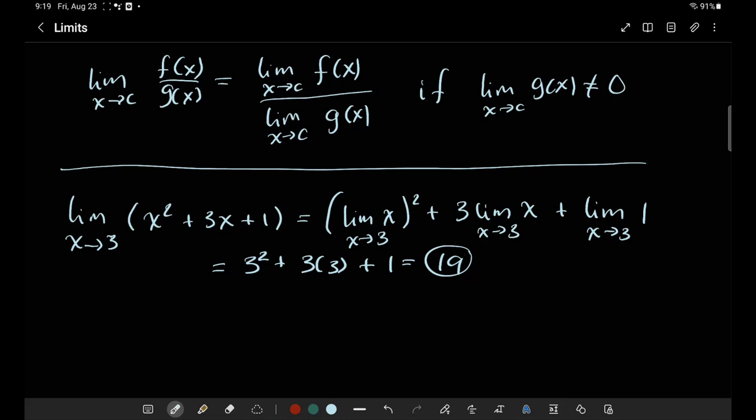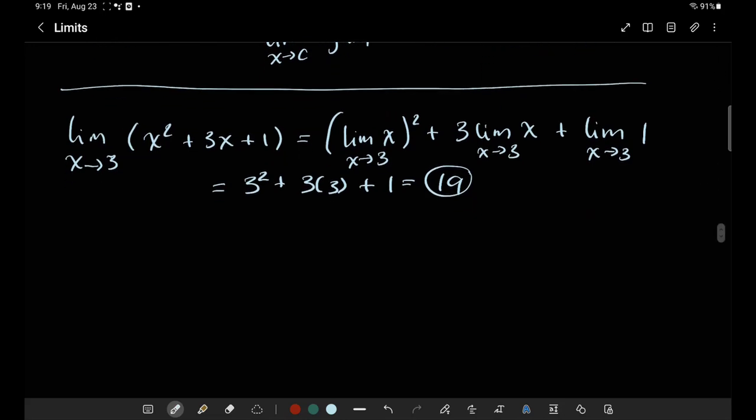So that's why whenever I give you a limit, the first thing you do is just plug in the number I gave you. Just plug it in, and see if you get a value. If you get a value, then that will very likely be your limit. In fact, with the functions that we use in this course, that is going to be your limit.